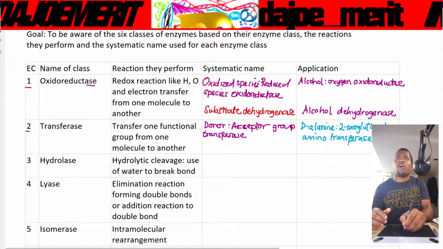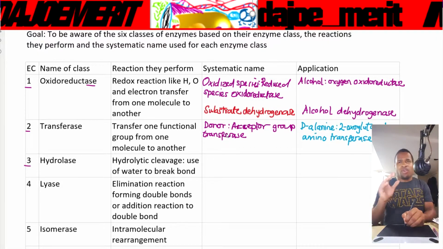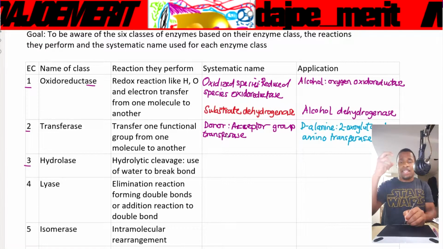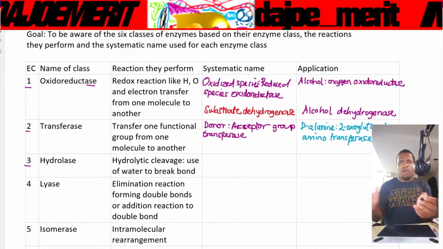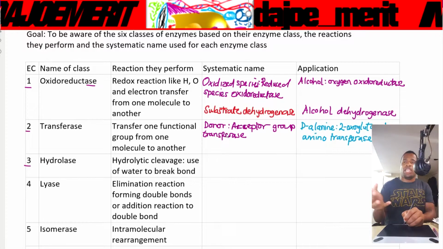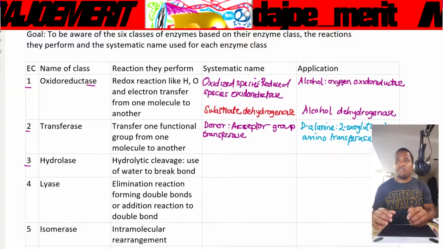And now moving on to the third one, which is hydrolase. In this case, we need to remember that since it's hydro, we know that water is involved in here, and it involves the breakage of a bond. So it's called the hydrolytic cleavage, where water is actually used to break a specific bond.